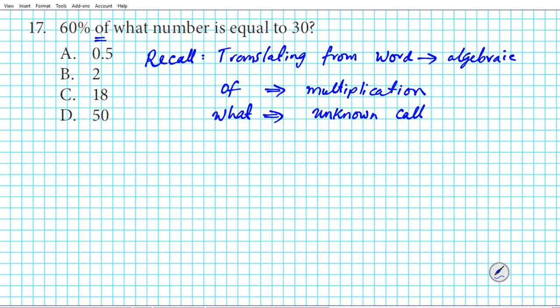Whatever you want to call it, call it X in this particular problem. You can call it Y, Z, or the first letter of your name. Is equal, sometimes it's just is, but this one they say is equal. That's obvious. If you have is, it represents the equality symbol, the equal symbol.